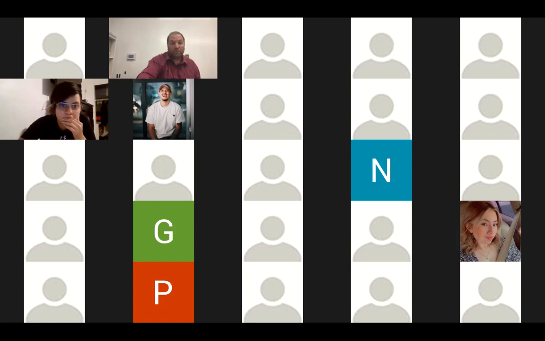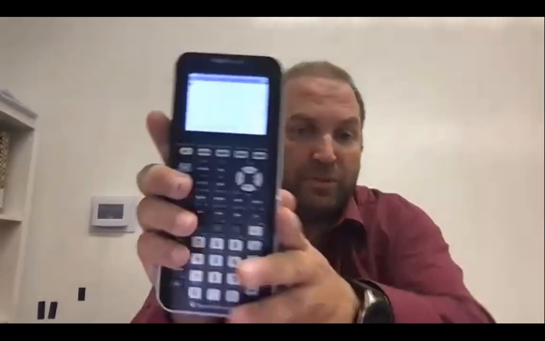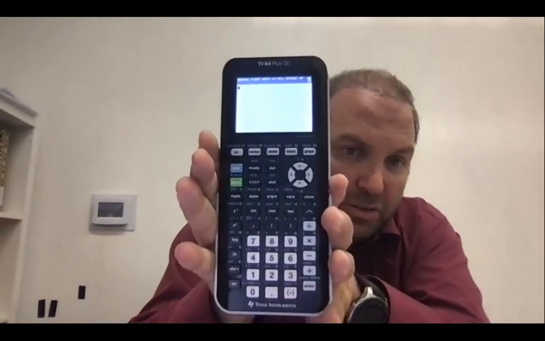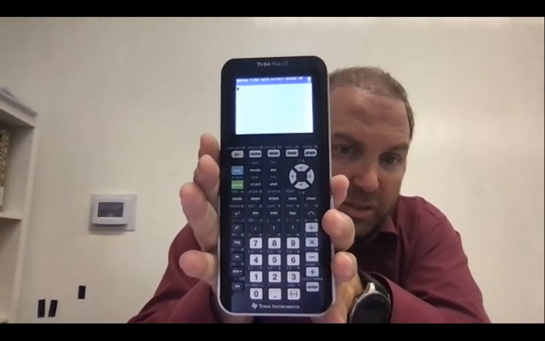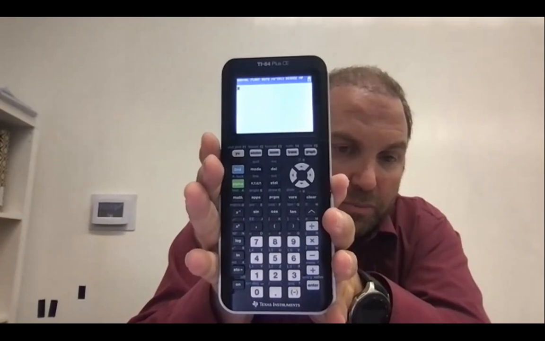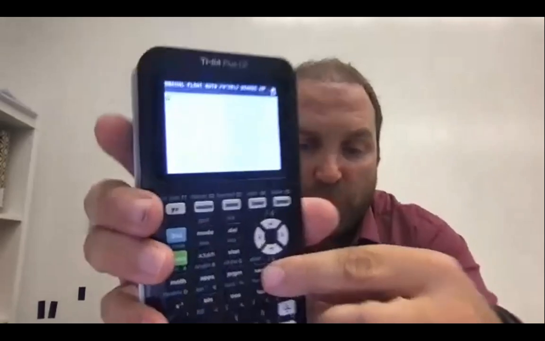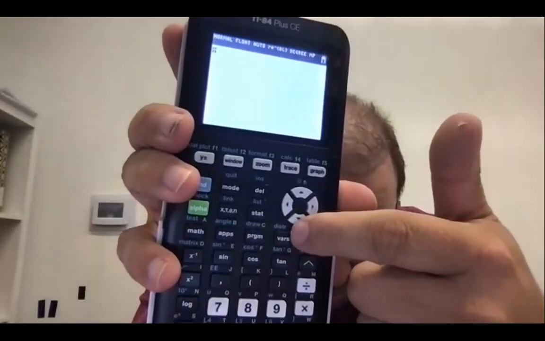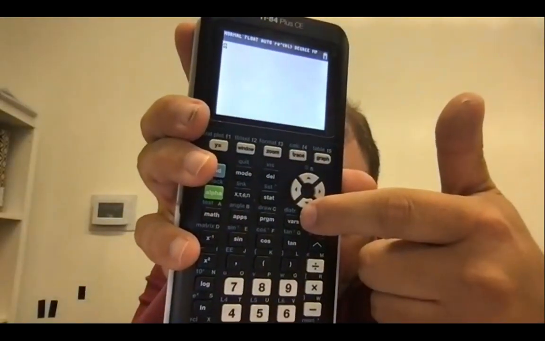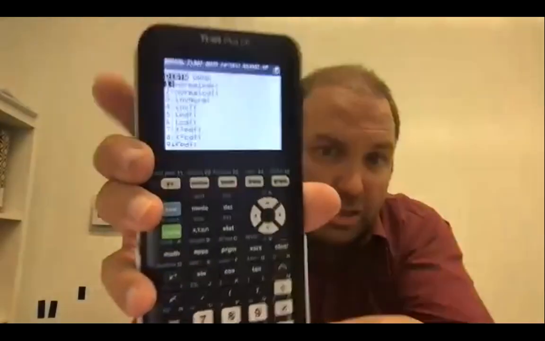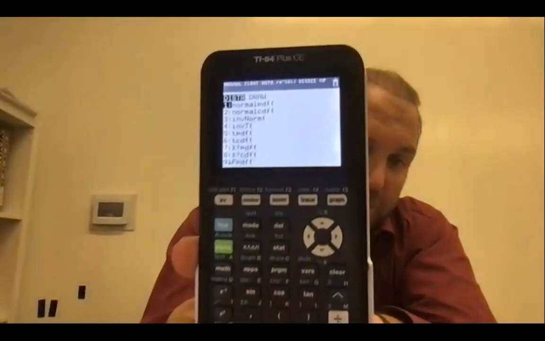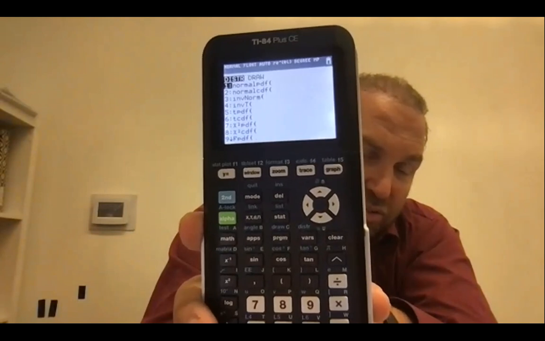To do that, I'm going to demonstrate on the TI-84 Plus CE calculator. I'm going to hit second so I can go into the blue mode, and I'm going to hit DISTR for distributions. Then I get a list of distributions.